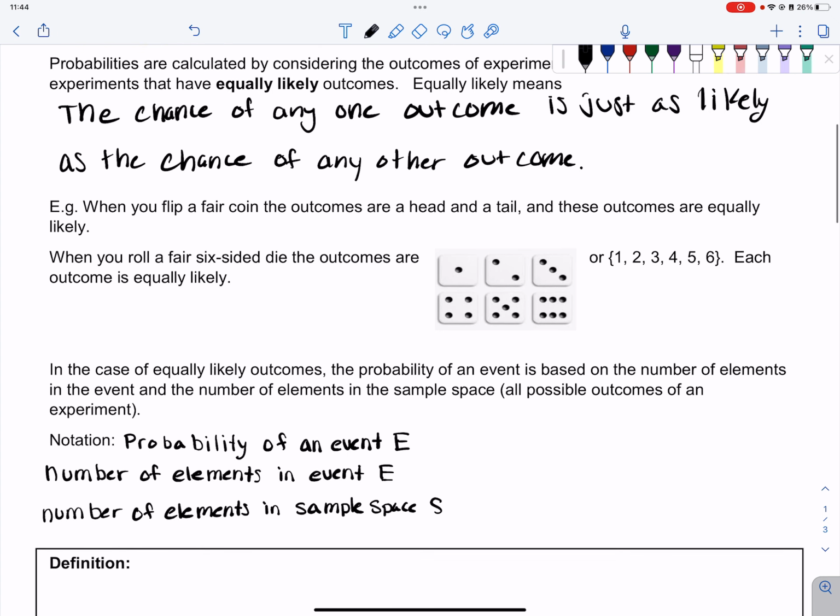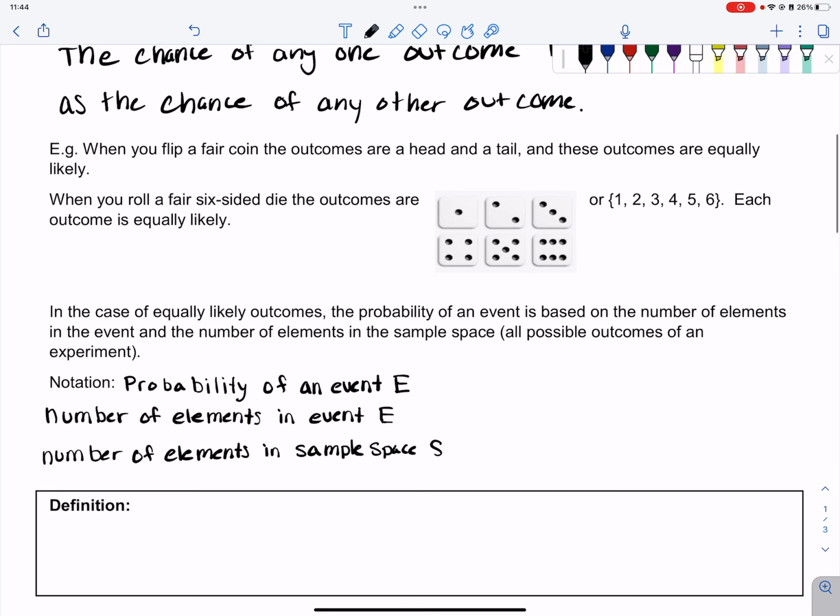Okay, and then lastly, we have some terminology or shorthand notation that we use for probability a lot of the time. So probability of an event E happening, we write this shorter as being P of E. And I would just say that as being probability of E, but we don't want to write out all the words all the time.